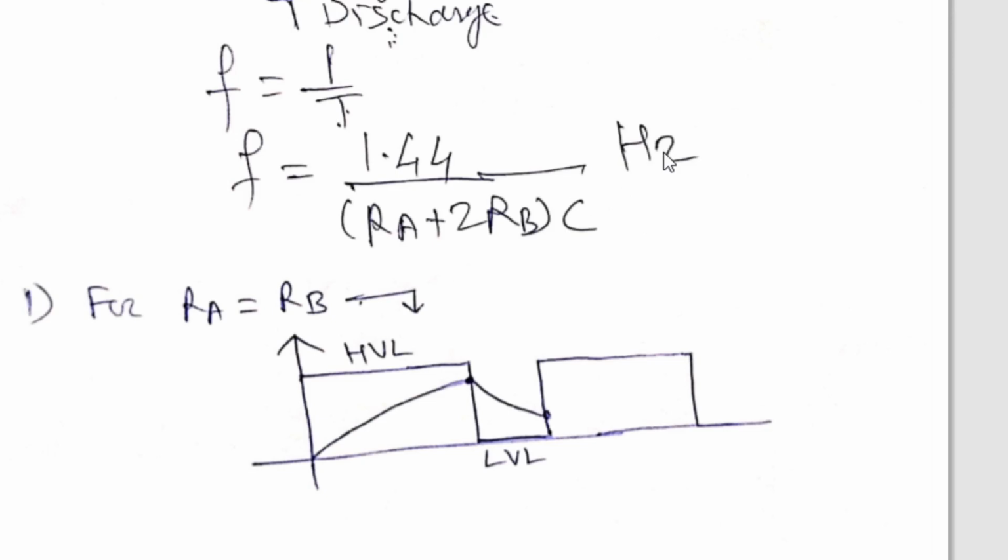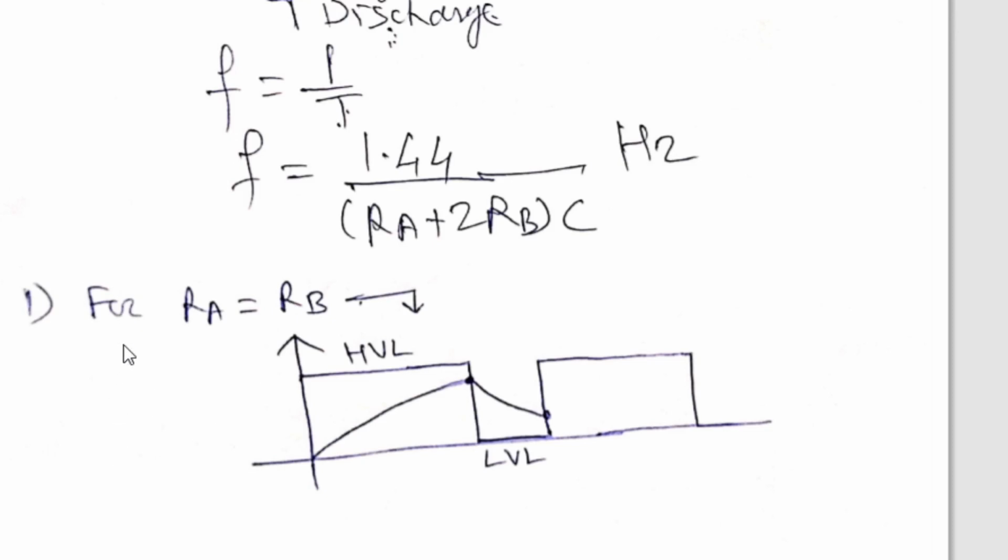Now, very simple after understanding all these things. If we simply ask a question to the student, if RA is equal to RB, then what will be the shape of the square wave? So when RA is equal to RB, say RA is 1 kilo ohm and RB is also 1 kilo ohm, what is the total resistance taking part in charging the capacitor?